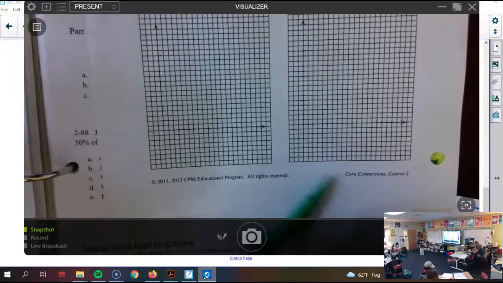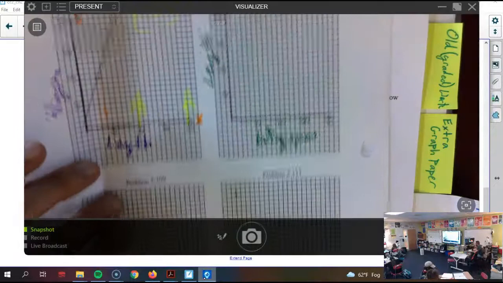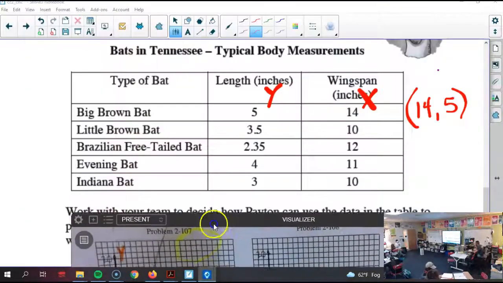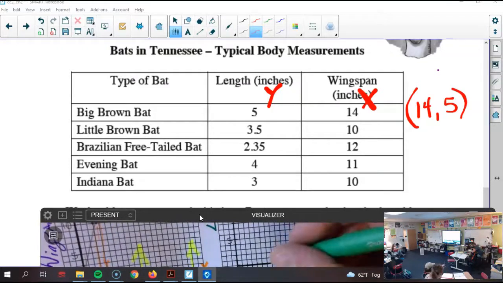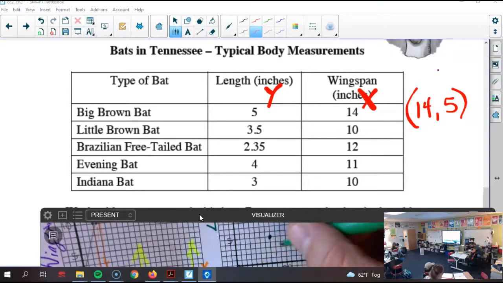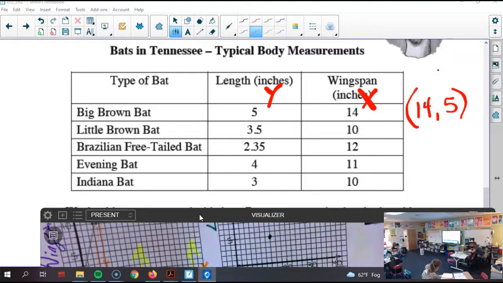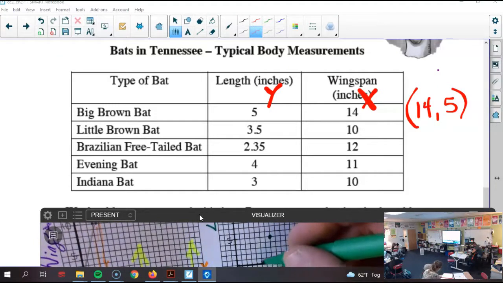I'm just not quite sure, but let's go ahead and try. Sorry, you can't see the data. There you go. So 14, 5, 10.